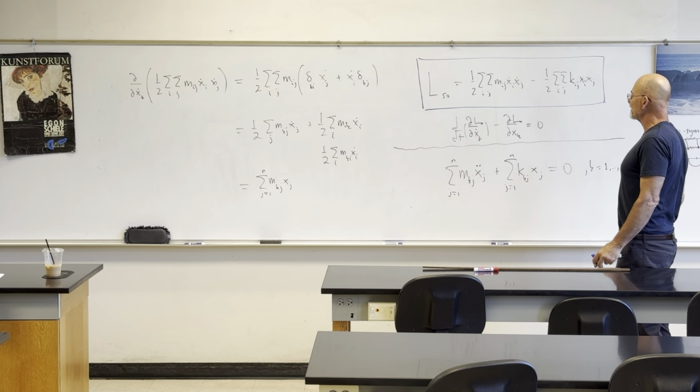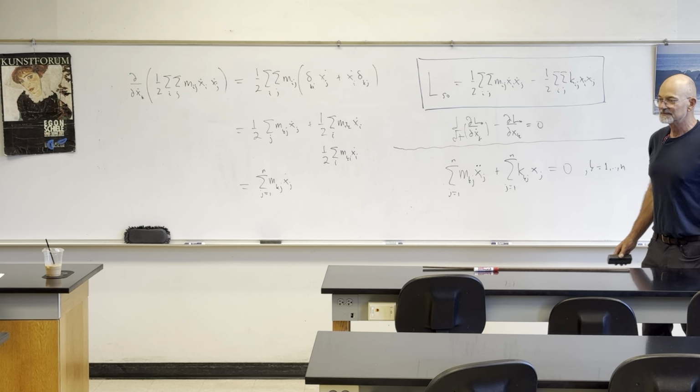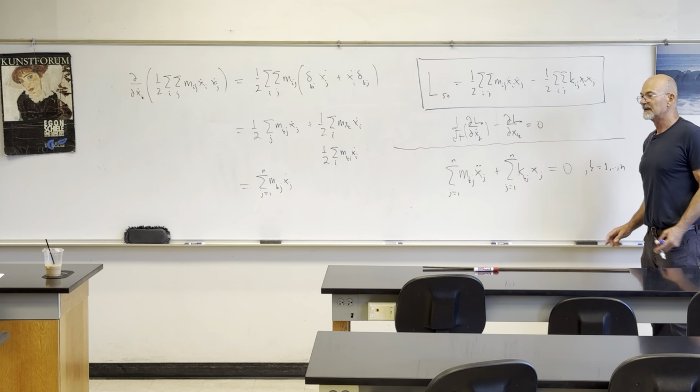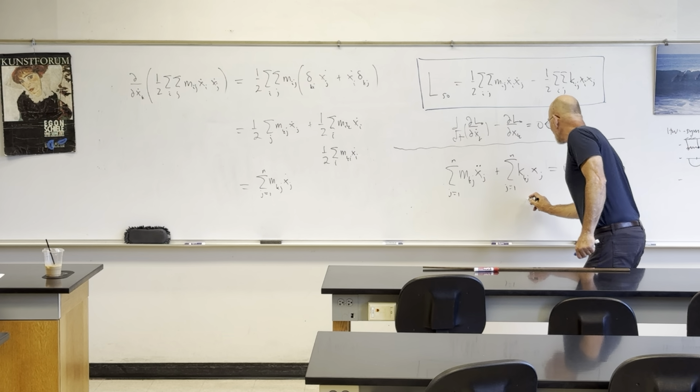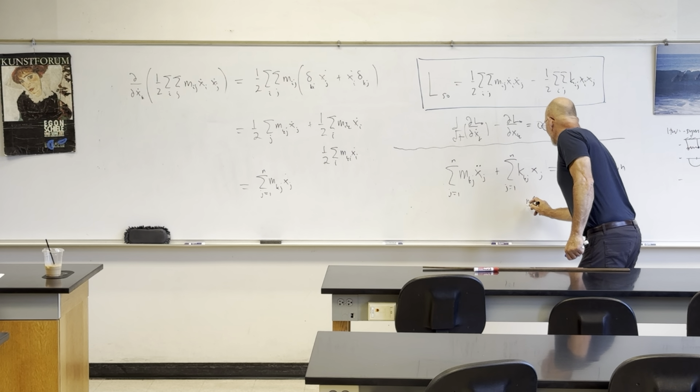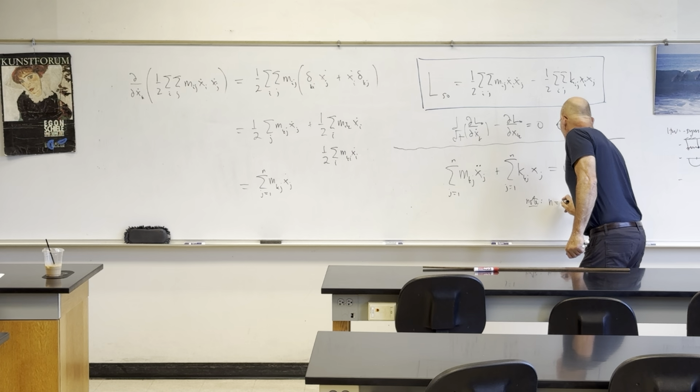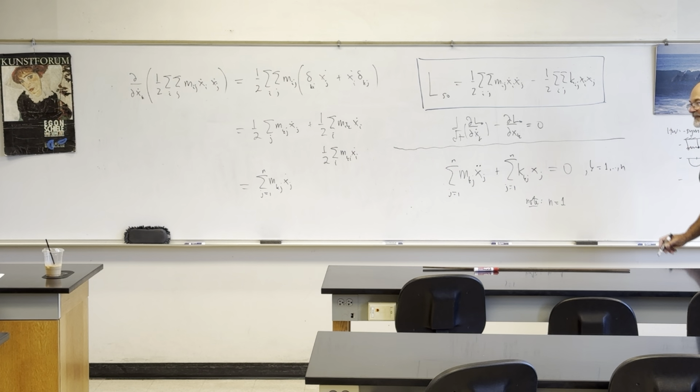But actually, what if n is equal to 1? Before we even move on, what do we have here if n is equal to 1? Let it all simplify in your mind.